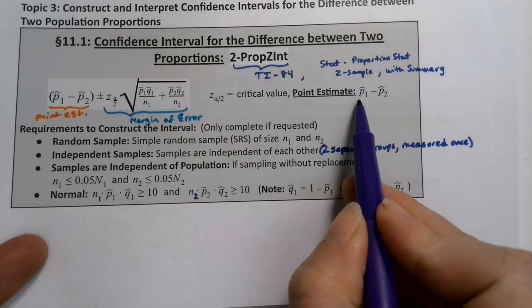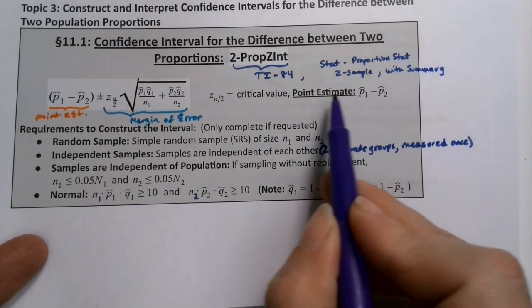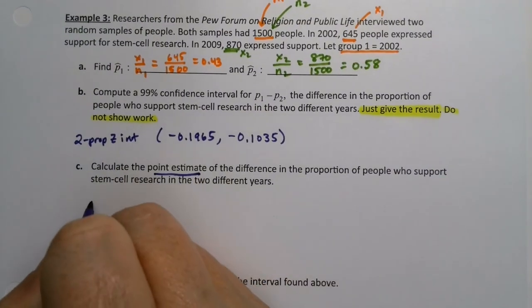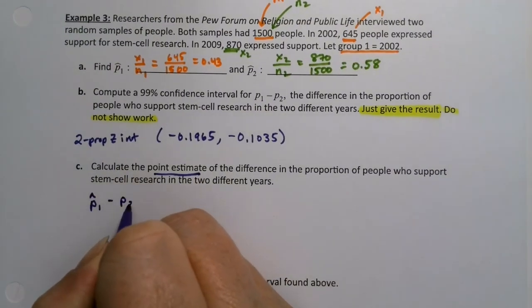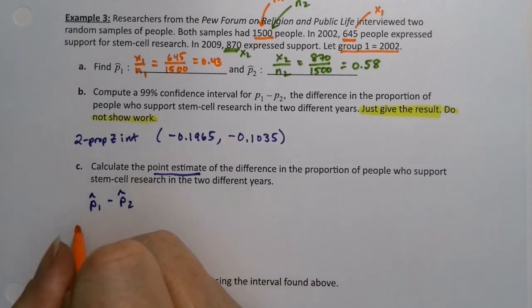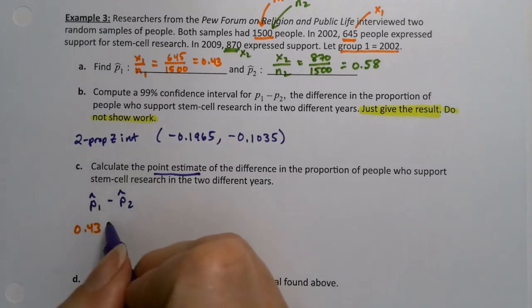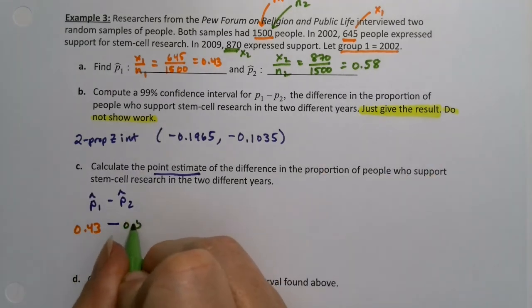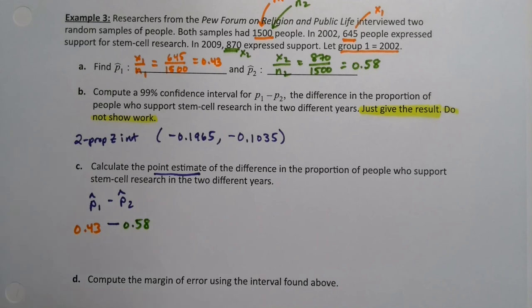The point estimate is P1 hat minus P2 hat. Simple as that. So that point estimate would be P1 hat minus P2 hat. P1 hat was 0.43. And then I would subtract away P2 hat, which is 0.58. And 0.43 minus 0.58 is indeed negative 0.15.